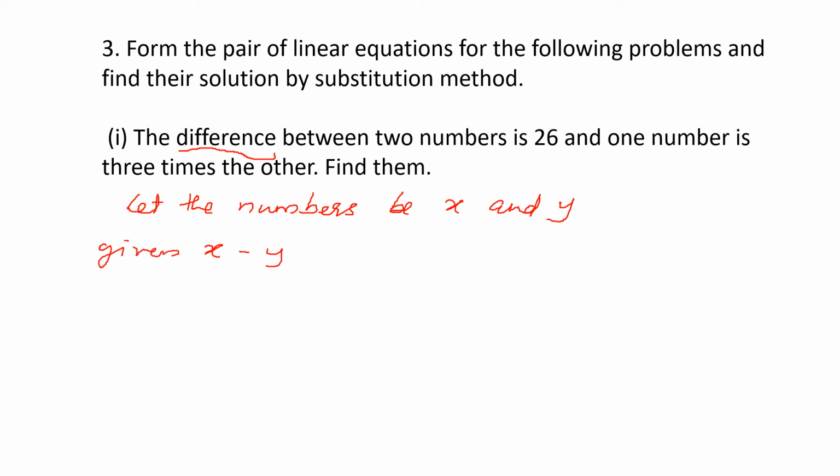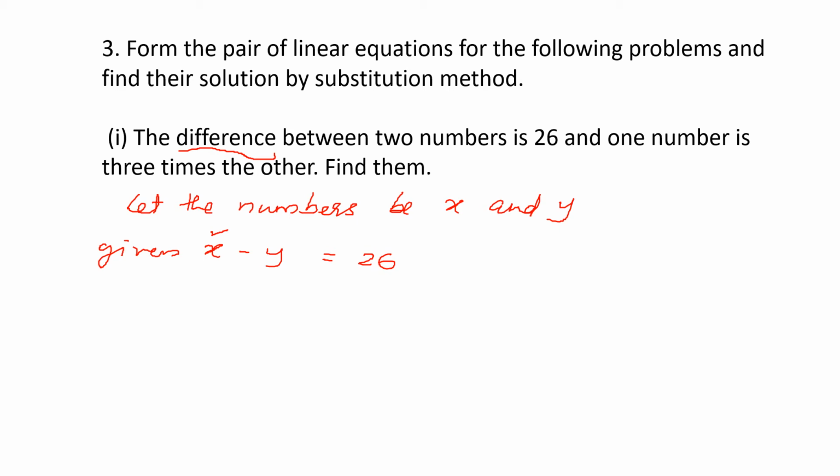Given, x minus y is equal to 26. And one number is 3 times the other. Now when I write x minus y is equal to 26, that automatically means x is bigger. From the bigger number only we subtract the smaller number, only then we get a positive answer, isn't it? So x is the bigger number.